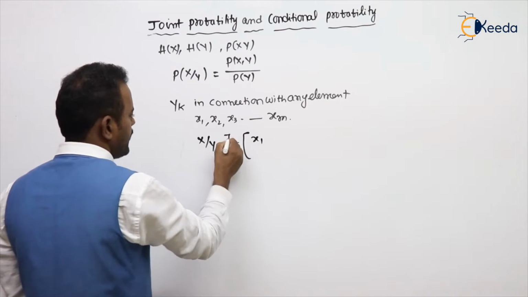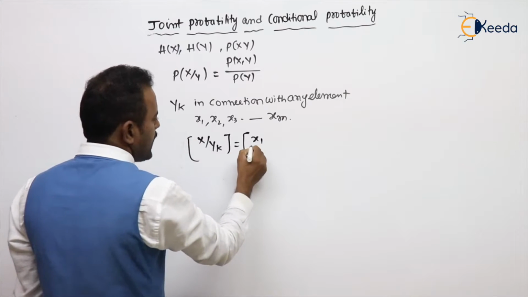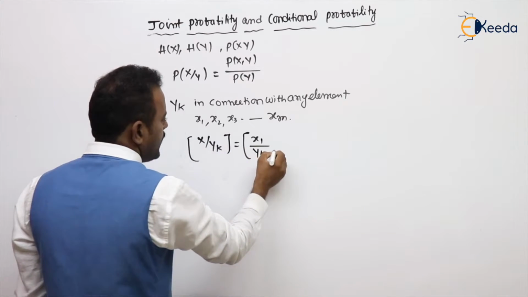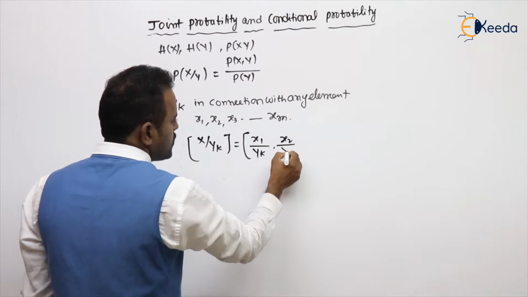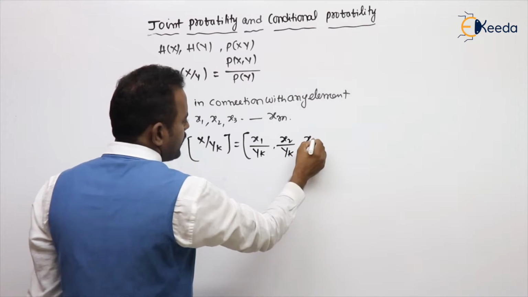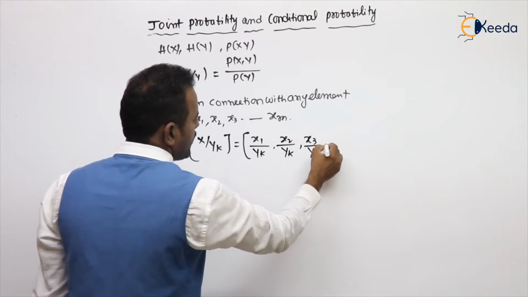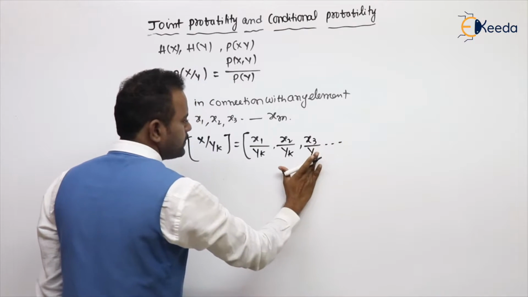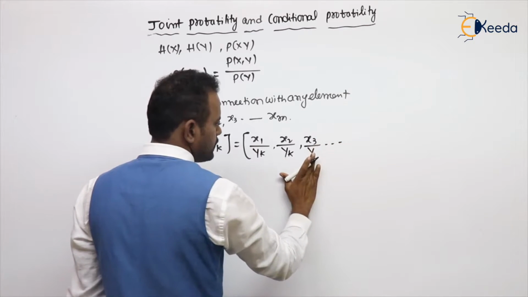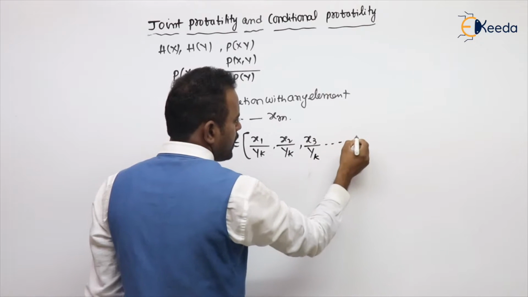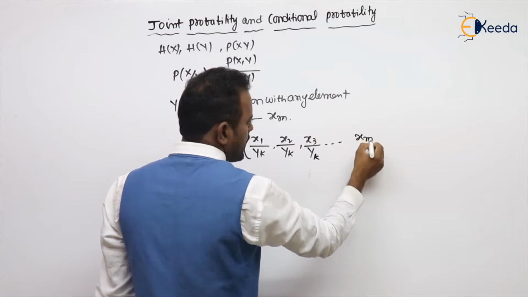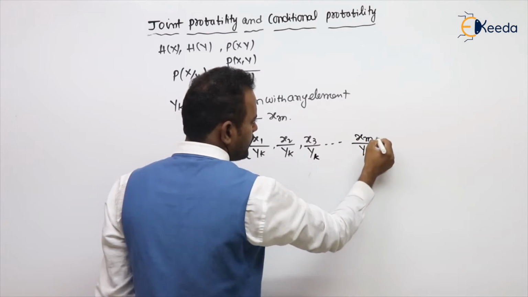So matrix I am writing: x1 by yk, x2 by yk, x3 by yk, and so on, xm by yk.